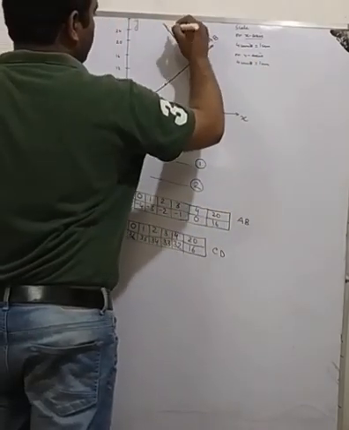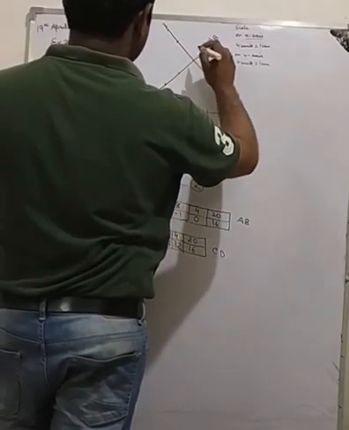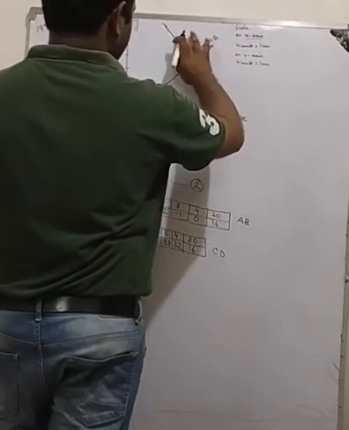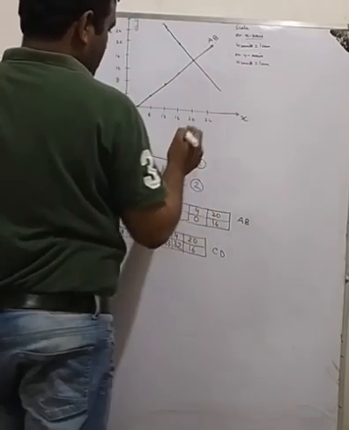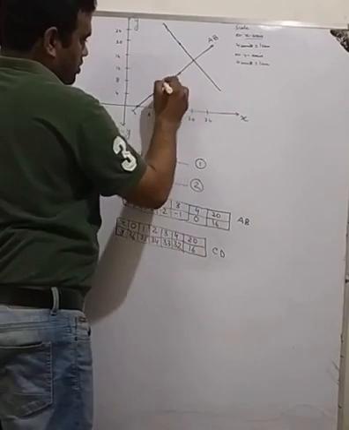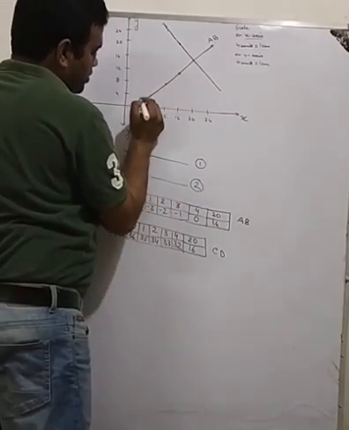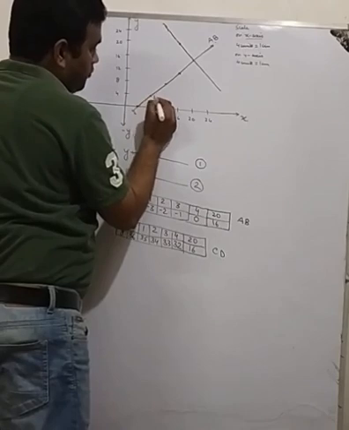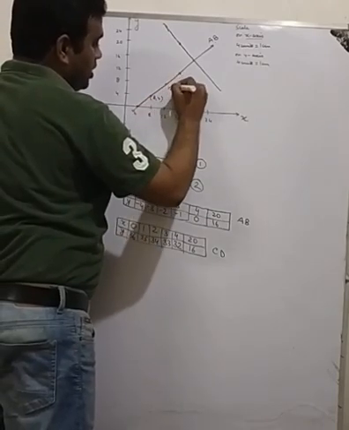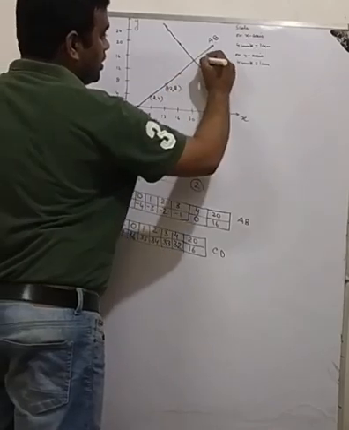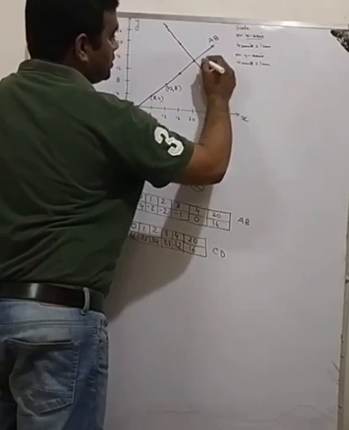Here this is 24, this is 20. So this is 8,4, this is 12,8, and this point is 20,16.